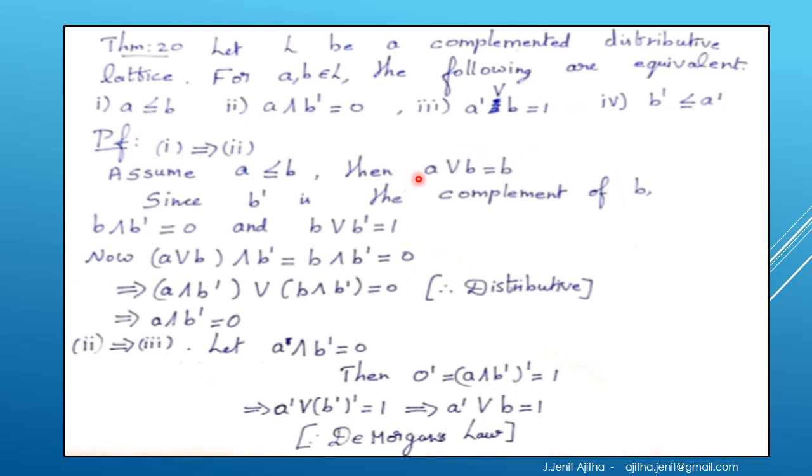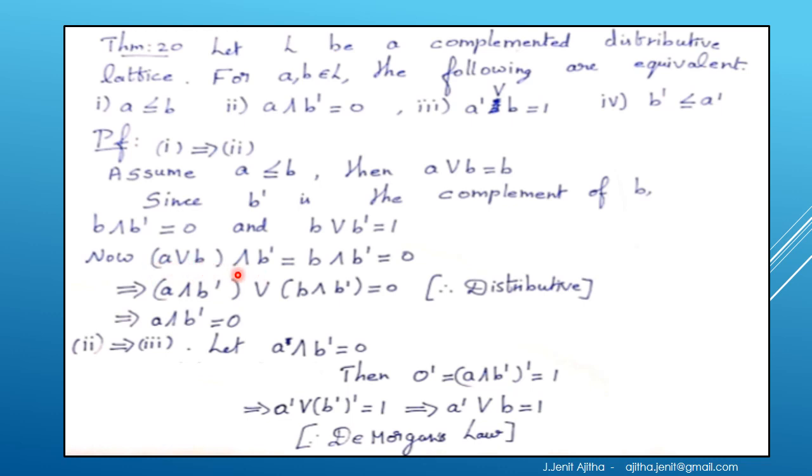Therefore, the least upper bound of A and B is equal to B. Since B complement is the complement of B, B meet B complement equals 0 and B join B complement equals 1. Now A join B, meet B complement, is equal to B meet B complement, and that is 0.